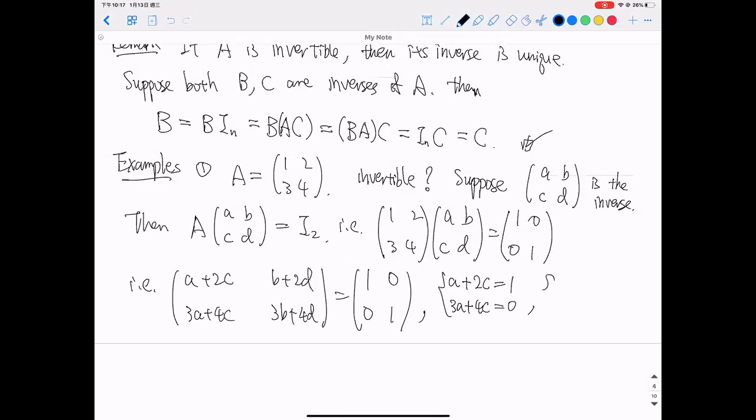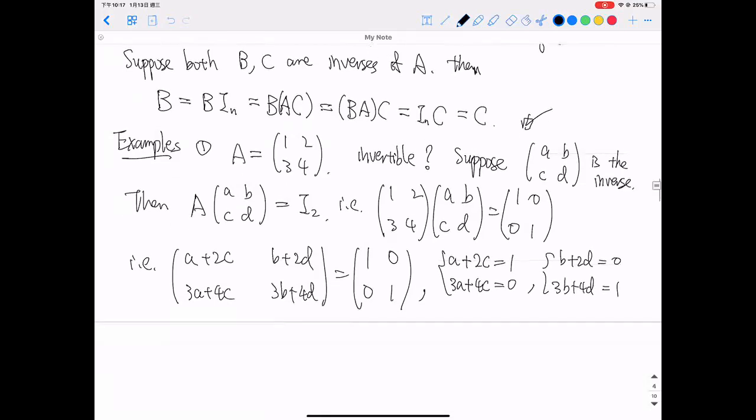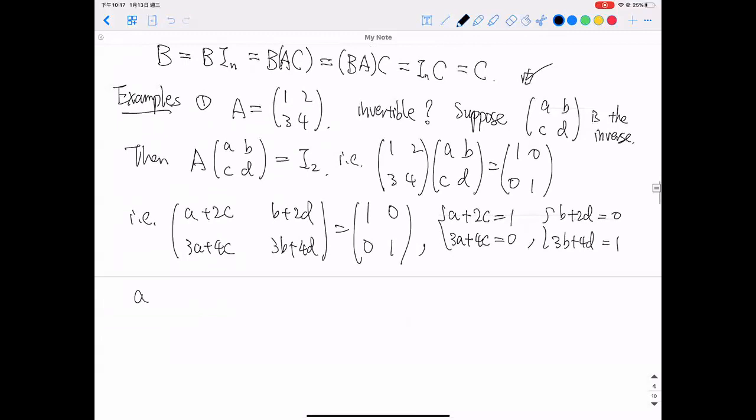The other is this, b plus 2d, 3b plus 4d, which gives you b and d. Now, we've seen already how to solve systems of linear equations, so we're just going to do that.